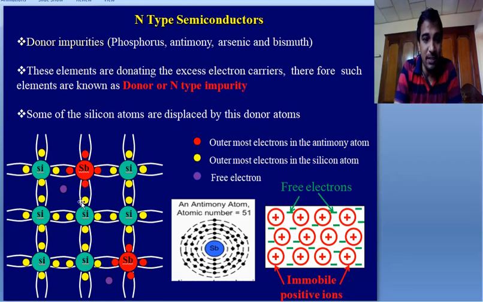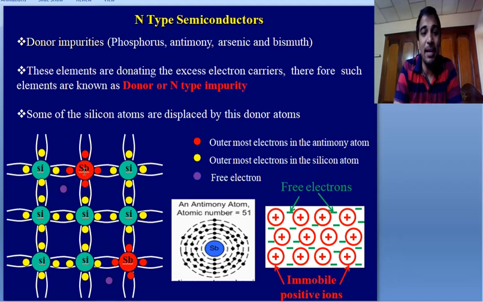Silicon has only 4. So these 4 and these 4 make 4 covalent bonds. By seeing this you can observe it. But antimony has one extra electron. This electron does not have any neighbor electron in the valence band to make a fifth covalent bond. So this electron becomes free.